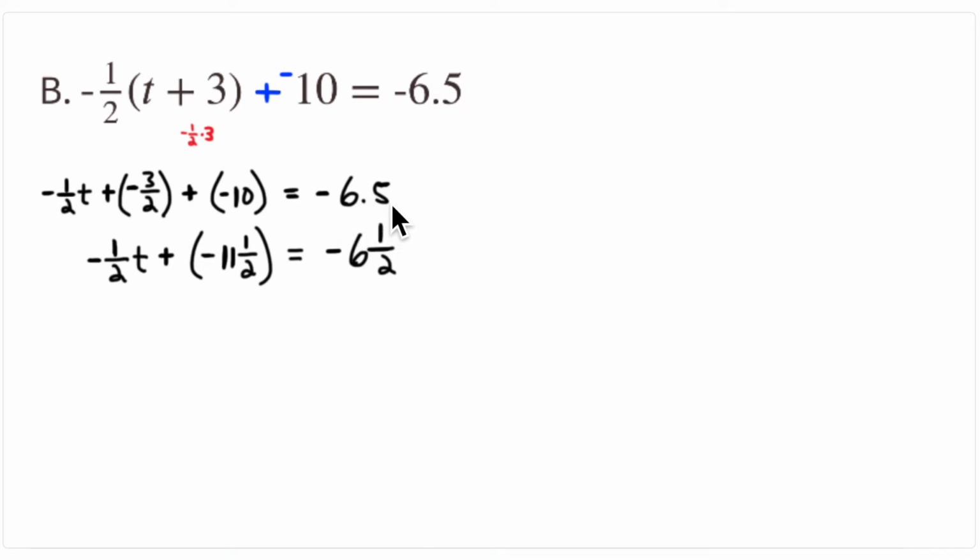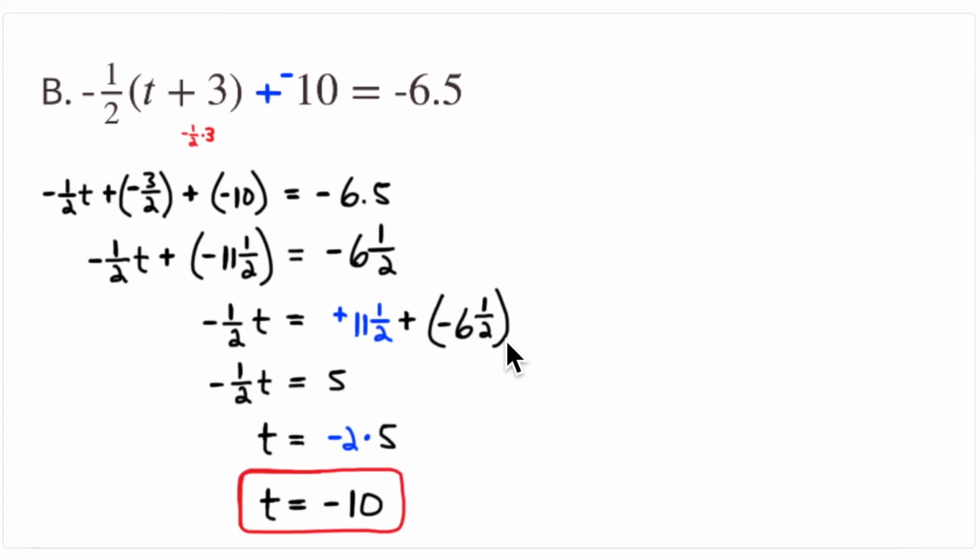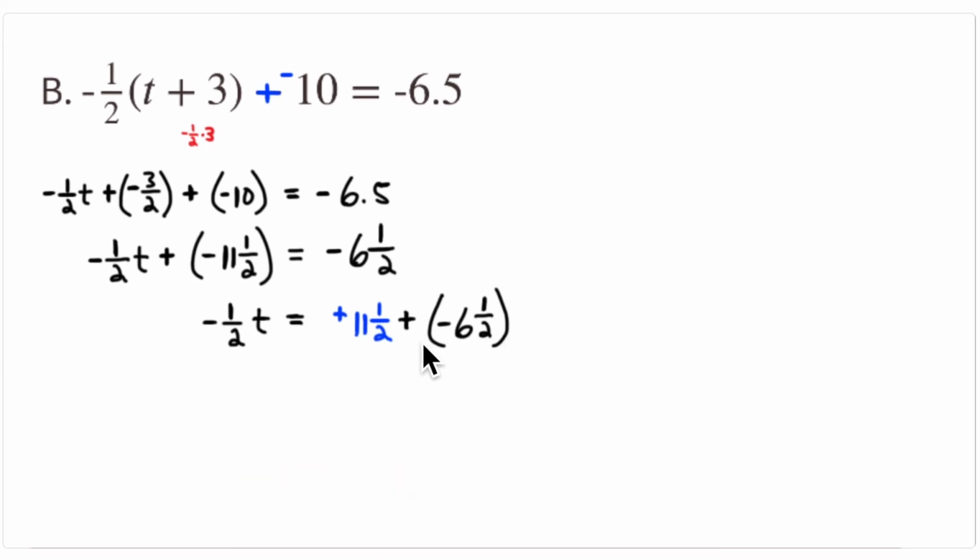I'm going to change this decimal value to a fraction. Now if I add a positive 11 1/2 to both sides, this becomes 0. And I'm adding a positive 11 1/2 plus a negative 6 1/2. And this becomes interesting to look at as well.